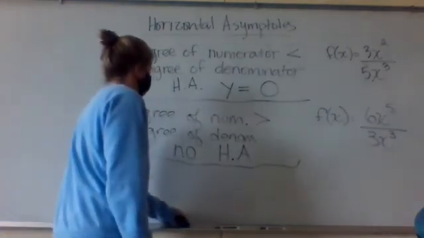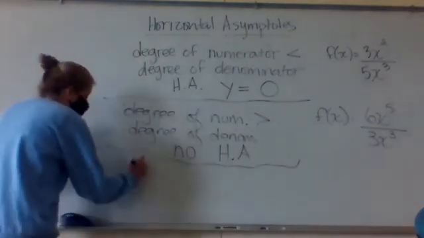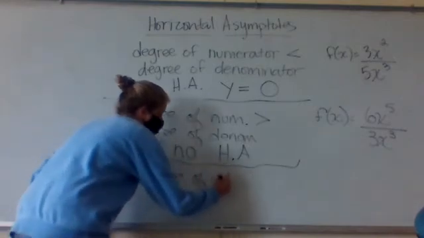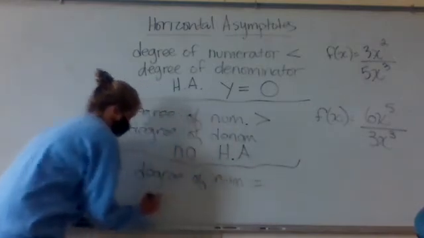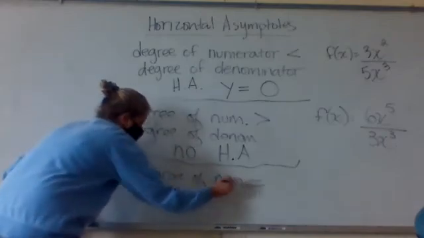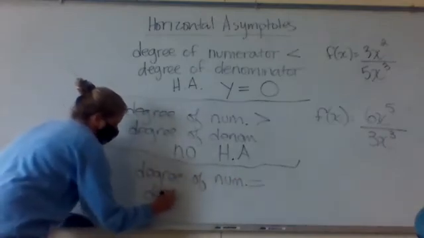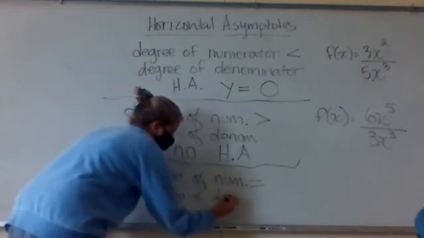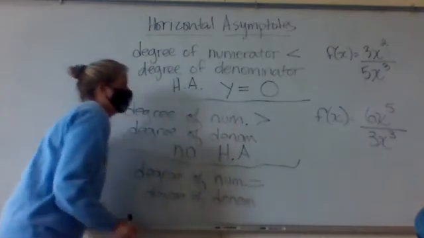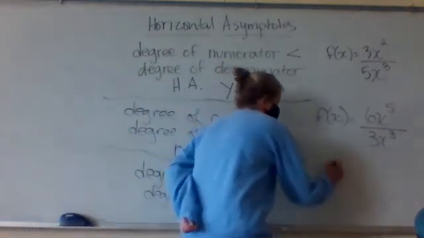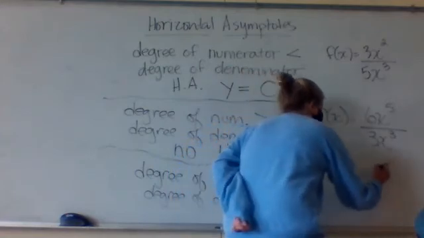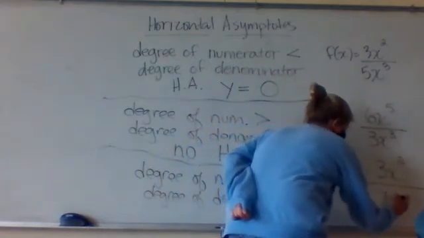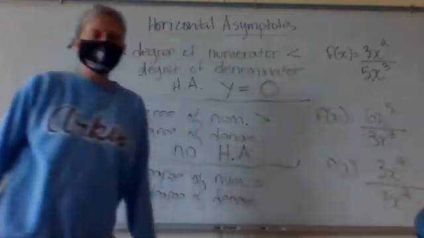And the last option is if the degree of the numerator equaled the degree of the denominator. So that means they would be the same, for instance, like this. The same degree.